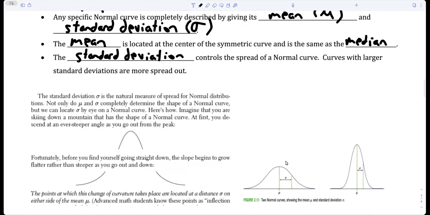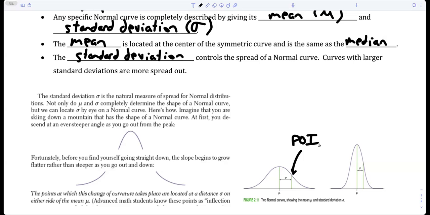I don't want to spend a whole lot of time on this, but there's a link between statistics and calculus here. If we have a normal distribution that is symmetric, the mean will be at the center, and then the standard deviation will be at the points of inflection. Calculus people, right?